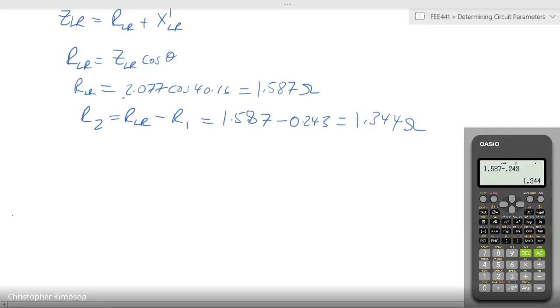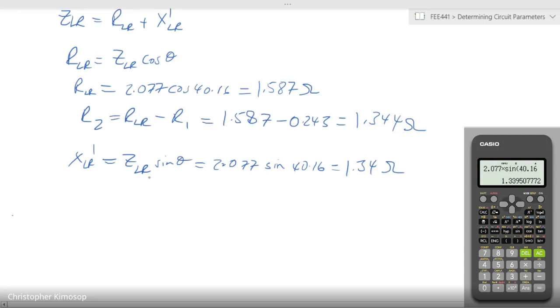Let's now move on to XLR. XLR prime was given at 15 hertz, and it is equal to ZLR sine theta, which will be 2.077 sine 40.16, which is 1.34.